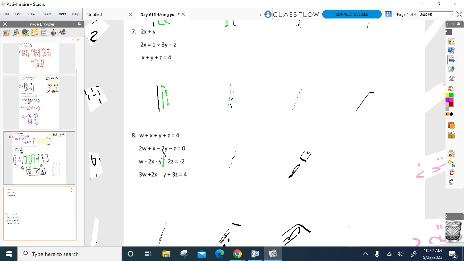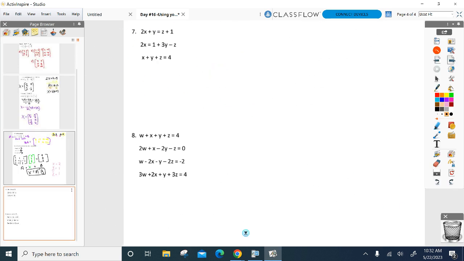I want to see you do one on your own. Now there is some math involved. I wish your calculator could do it all, but before you do any matrix creating, what do you think you have to do on this one? You can't create matrix A just yet. Yes, put X, Y, and Z on the same side.